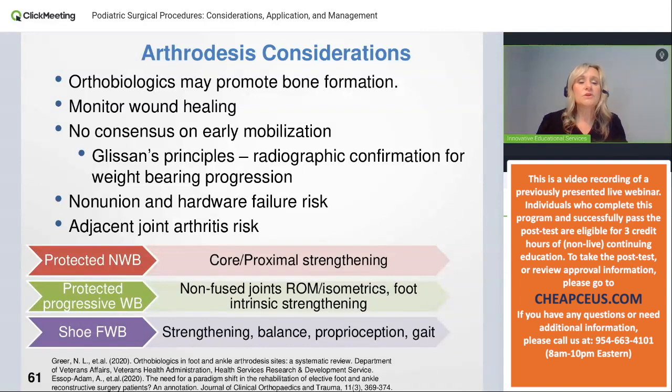And there is no consensus on how soon weight bearing can occur, but oftentimes there's going to be radiologic examination with evidence of fusion before significant weight bearing is permitted, because there is a high risk of non-union that can occur. Depending on the research, they say up to 36% of the cases do result in non-union for our individuals.